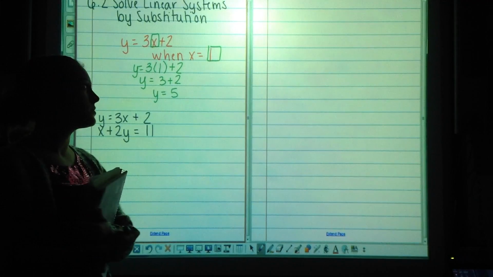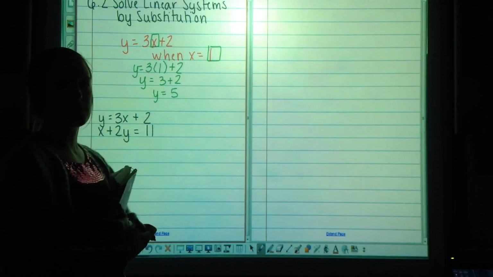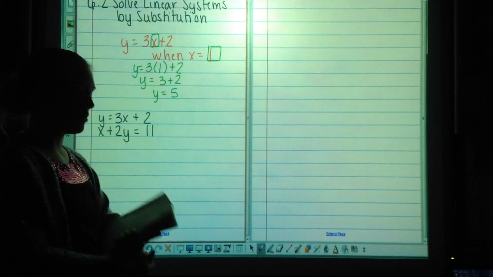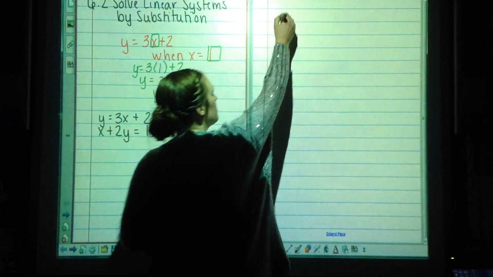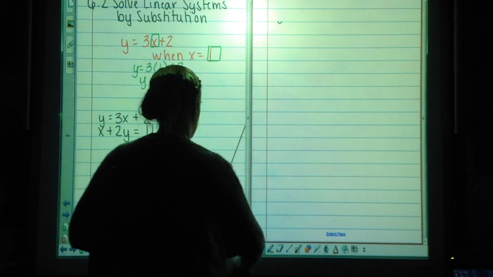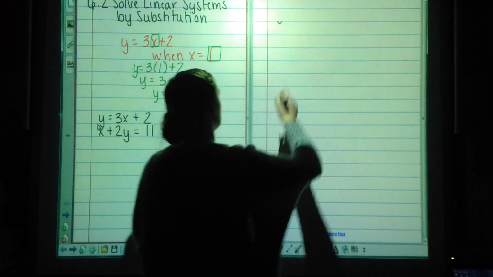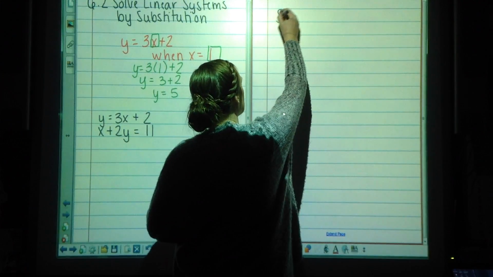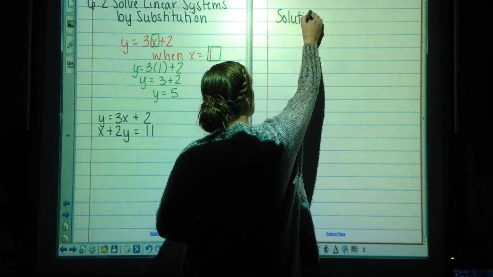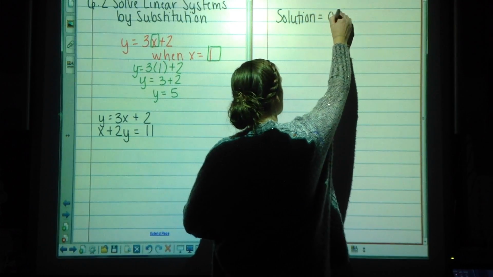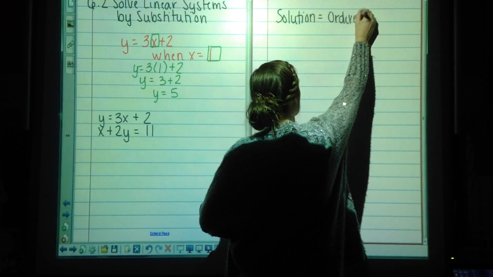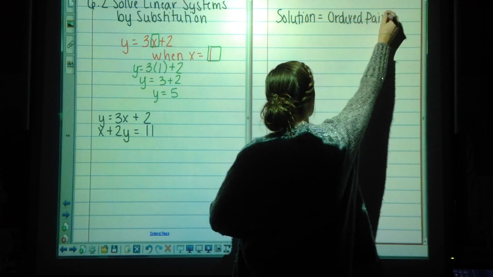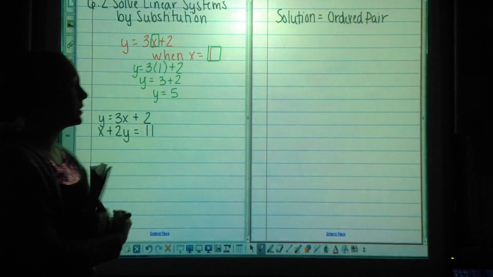Our solution is an ordered pair. Over here, I'm going to list the steps in which it takes to find that ordered pair. I'm also going to put that up here. Solution. We're looking for an ordered pair.